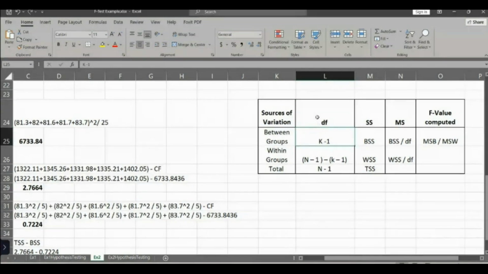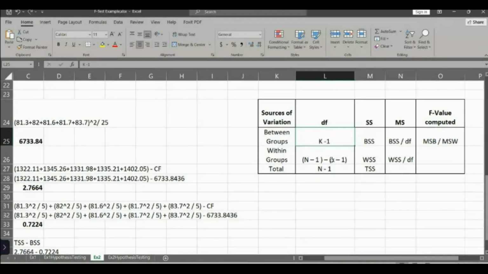So we'll start from determining the degree of freedom. Degree of freedom. So again, k minus 1, where k is actually the number of groups being compared. So what is our degree of freedom ng between groups?